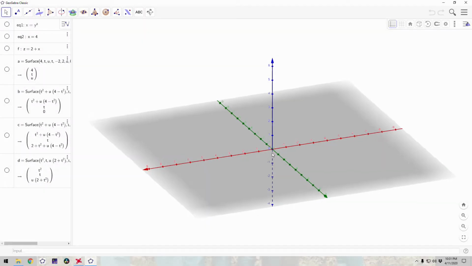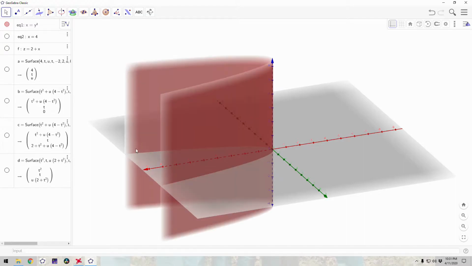Here's our rectangular coordinate system. We're trying to find the volume inside of the shape that's between these surfaces here and the z equals 0 plane. So let's go through these one at a time. We have the important shape here, of course, the x equals y squared parabolic cylinder. And there it is.